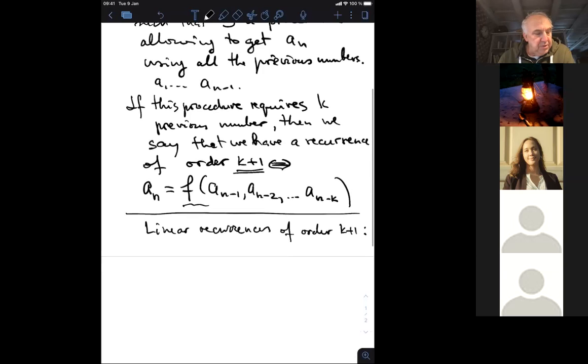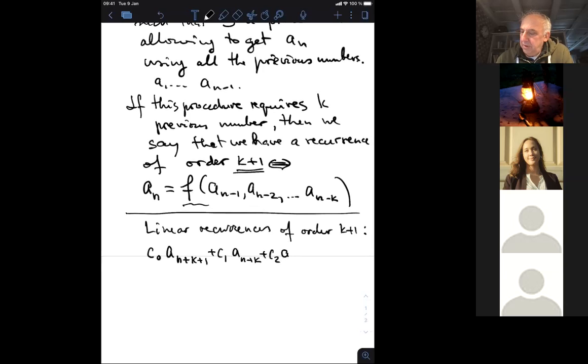These are, in other words, things like c_0 a_{n+k}, okay, n+k+1, I'll be shifting my indices a little bit, plus c_1 a_{n+k-1}, plus c_2 a_{n+k-2}, plus, and so on, plus c_k a_n, equals some number b_n.